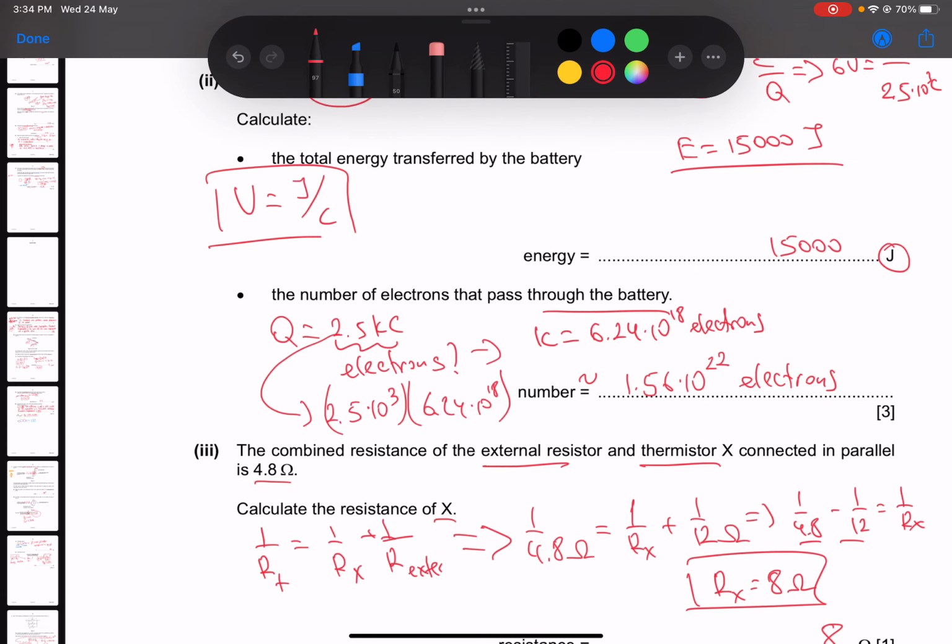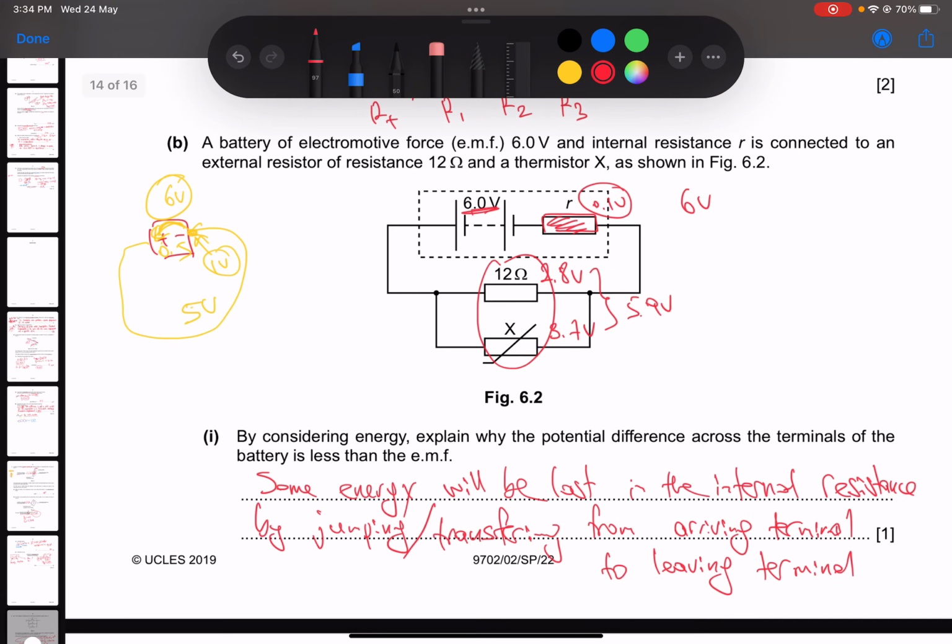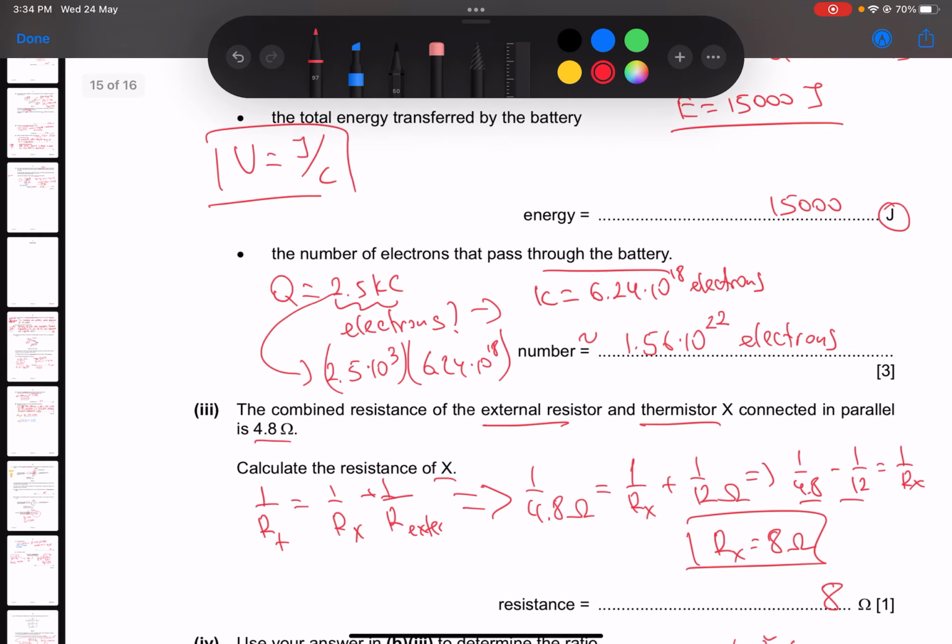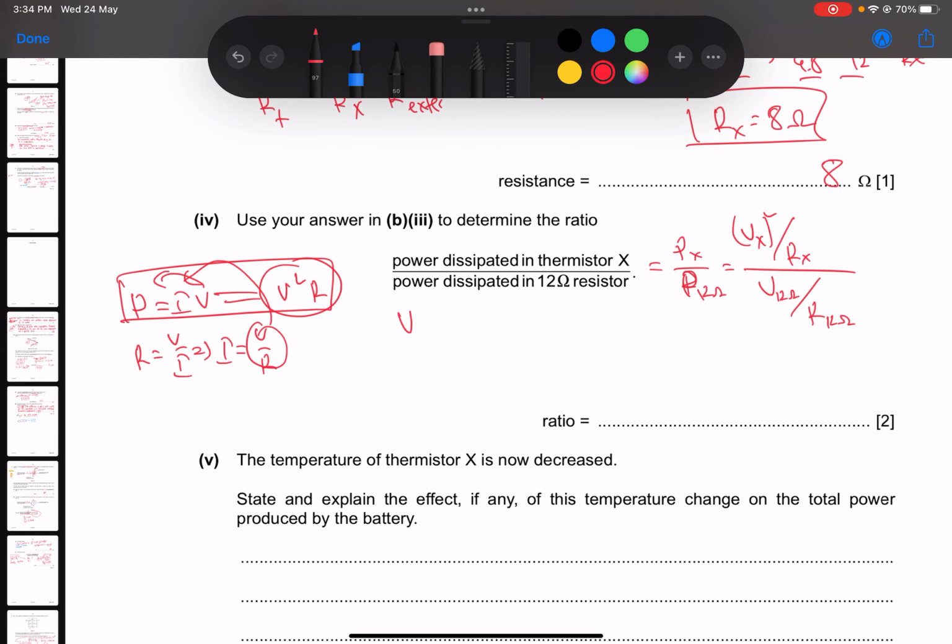And guys, they are in parallel. The voltage of this one and the voltage of that one have to be the same, so the voltages cancel. The voltage of the 12 ohm resistor is equal to the voltage of x. So it's 1 over Rx over 1 over R12 ohm.